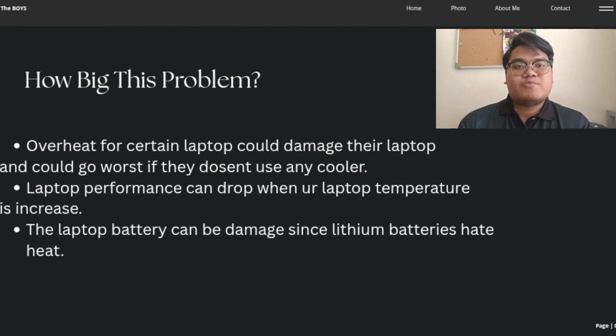An overheated laptop may become slow, laggy, and unable to run applications smoothly. Third, high temperature can also damage the laptop battery. Most laptops use lithium batteries, and lithium batteries are very sensitive to heat. Continuous overheating can reduce battery life and cause long-term damage. This shows that laptop overheating is a big and common problem that affects many users.